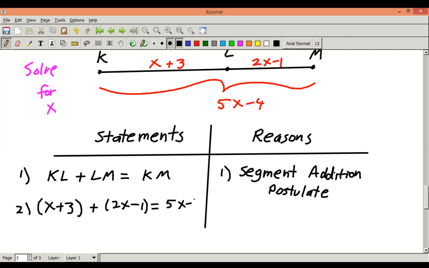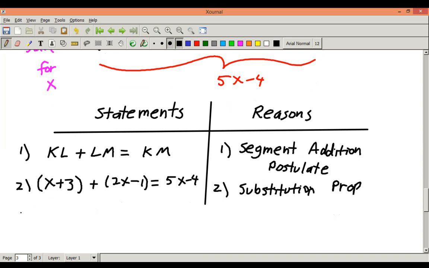What's my reason for being able to do all that? You heard me say put in, so I substituted, so it's substitution. Substitution property.